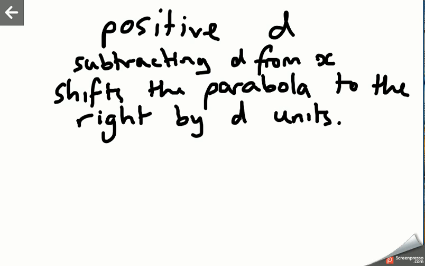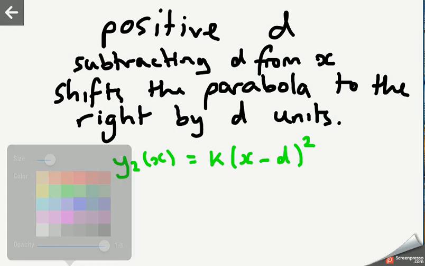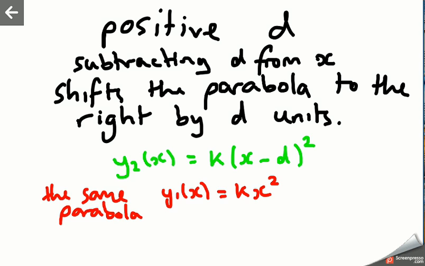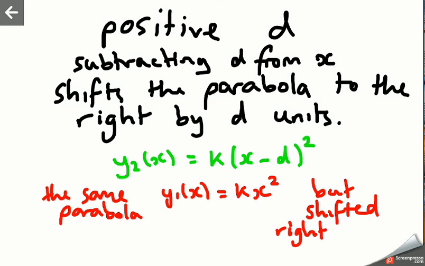That is, y2 of x equals k times x minus d squared is the same parabola as y1 of x equals kx squared, but shifted right by d units.